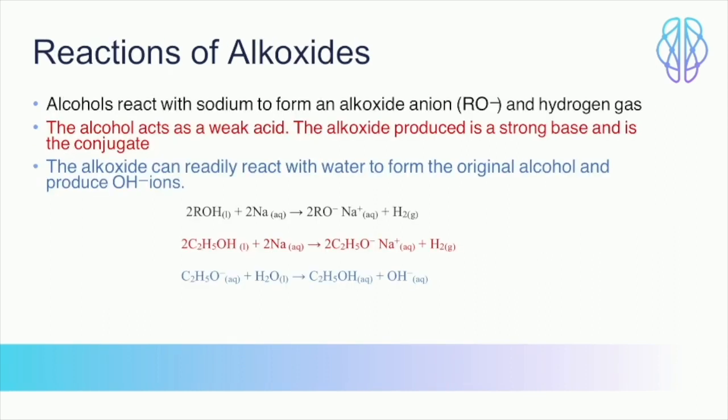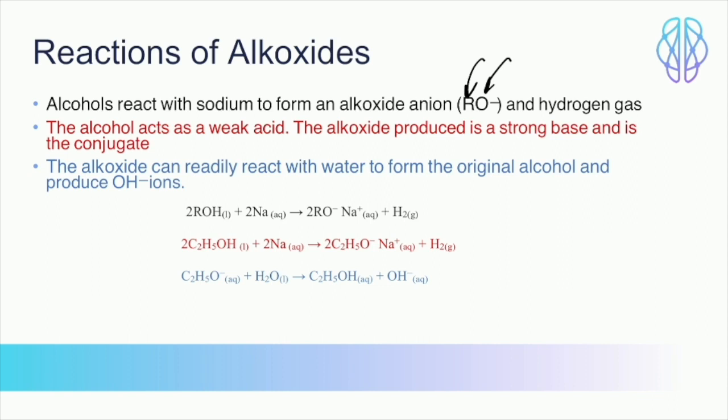Another important reaction to remember is that alcohols can actually act as weak acids in the presence of sodium. This is really similar to the reaction that water undergoes when it's put into sodium. So essentially, alcohols react with sodium to form an alkoxide, which is the alkoxide anion, which is the alcohol but instead of an OH, it just has the O-, and it also forms hydrogen gas.